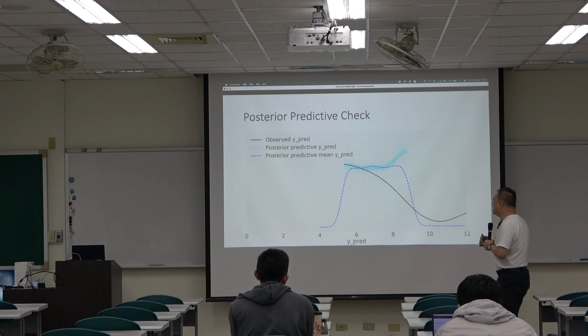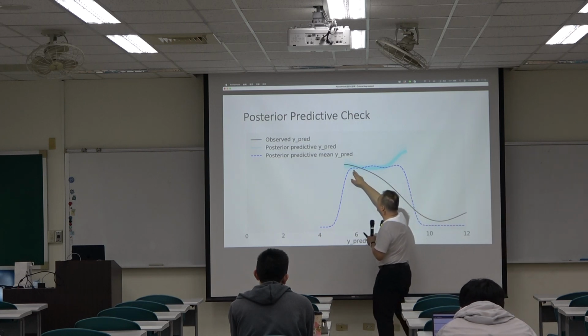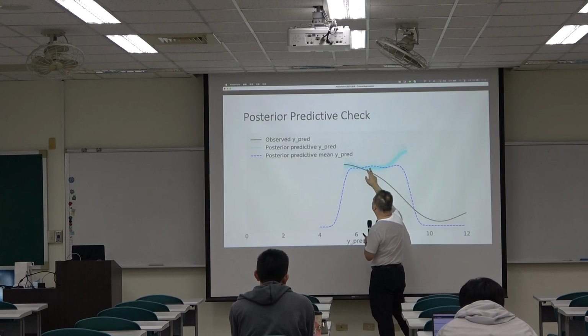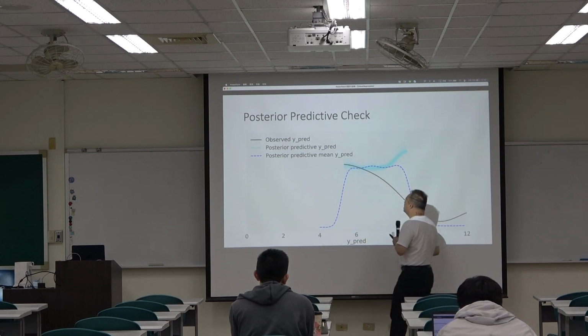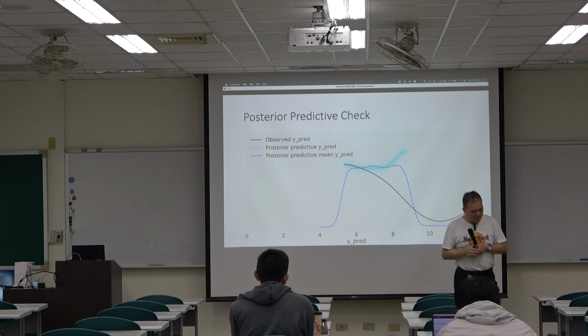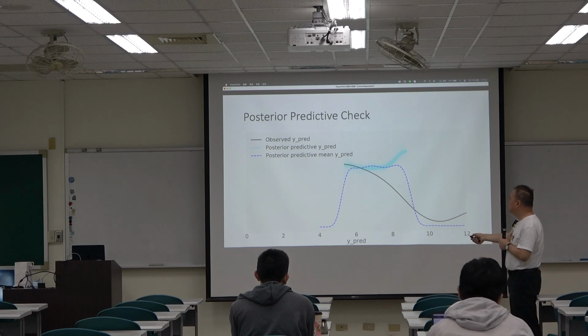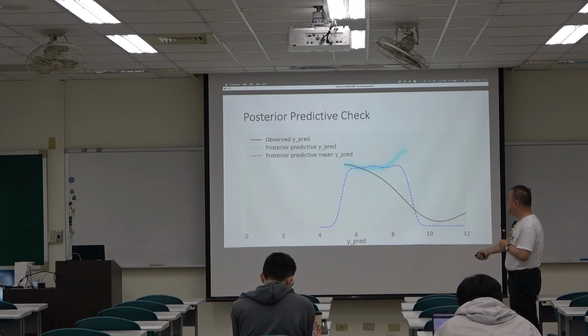The generated Y values are indicated by the very light blue lines. They are the posterior predictive result, and their kernel line looks like this.